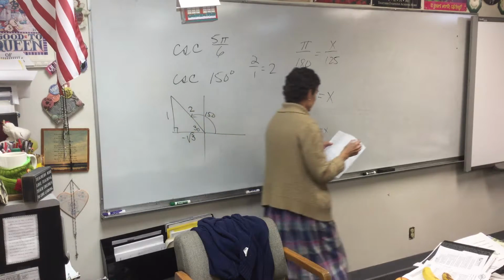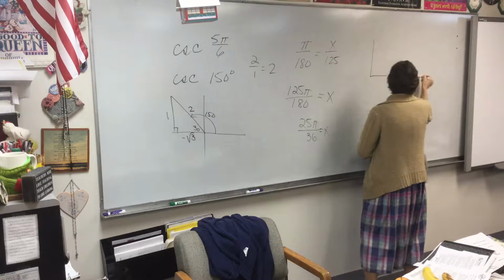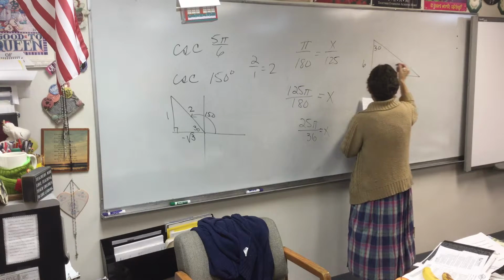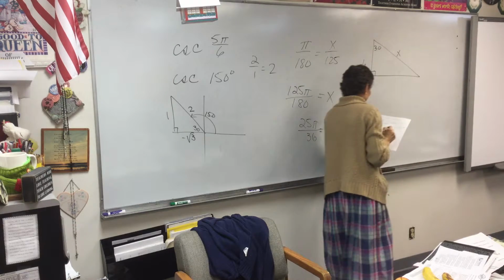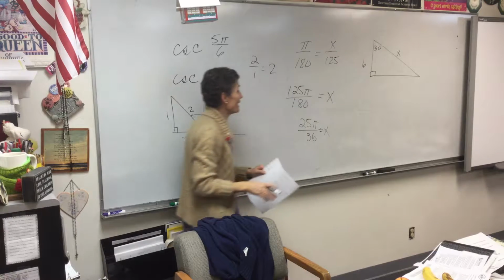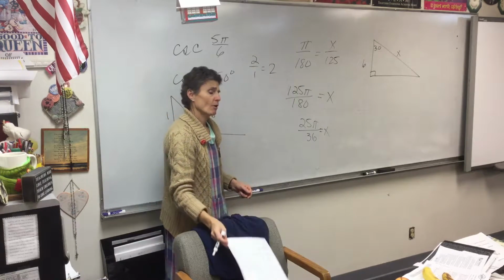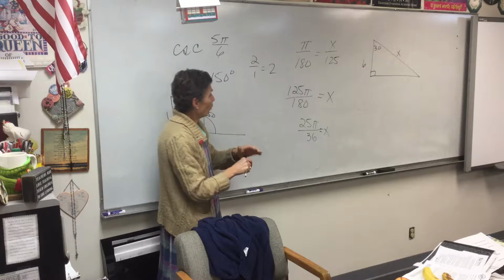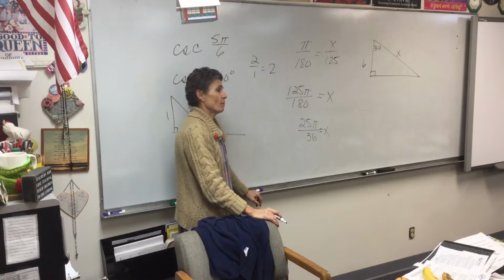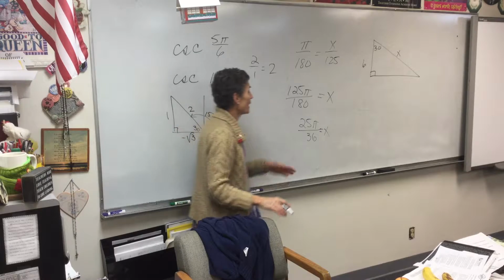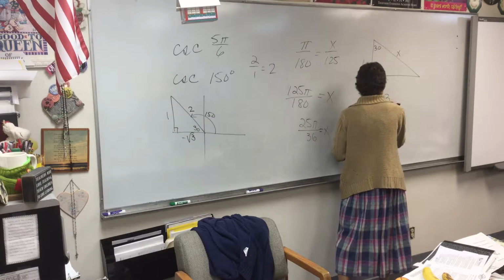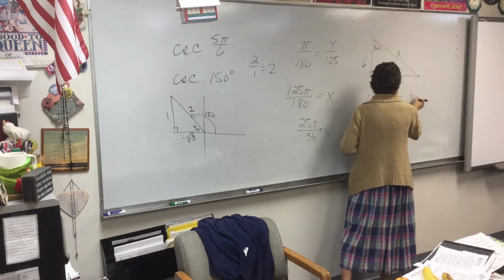Number 3. We're solving for x. Now, there are a couple of different ways you can do this problem. But one way that we did, we talked about these in class, is we simply said the cosine of 30 is 6 over x.